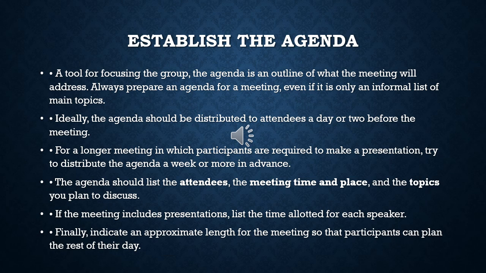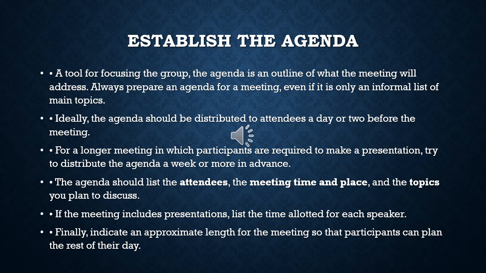The agenda should be distributed to the attendees a day or two before the meeting, so that they can read, understand and mentally prepare themselves. For longer meetings in which participants are required to make a presentation, you have to distribute the agenda at least a week before, because they need to prepare themselves.